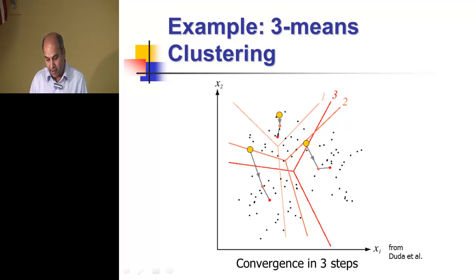And then in the second iteration, the mean will be like this for the first one, for the second one like this, the third one like that. So then the division will be like that. So all these points will be the first cluster, all these points the second cluster, all these the third. Then we'll keep repeating, we'll do the third iteration. And this mean will become like this.